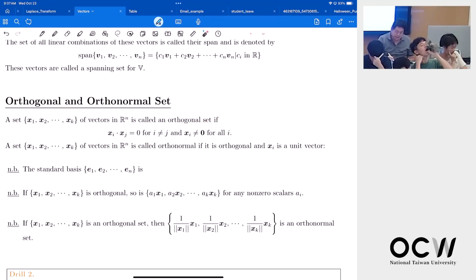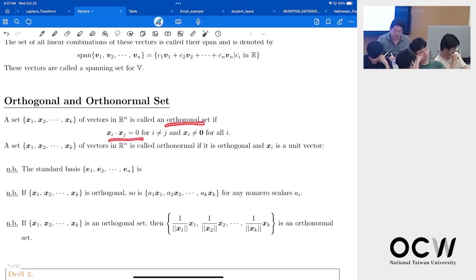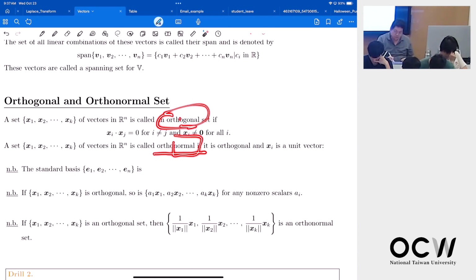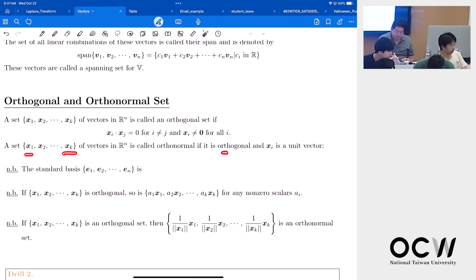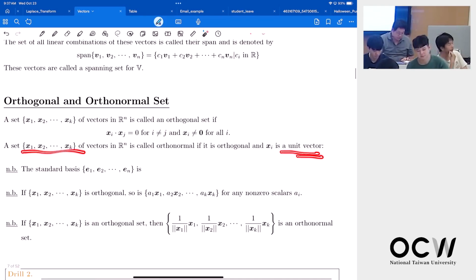So we say that two vectors are orthogonal if their dot product is 0, and they are not 0 vectors. Another one is orthonormal rather than orthogonal. Orthonormal means they are also orthogonal, and these vectors are unit vectors.